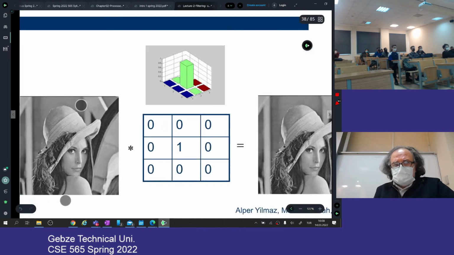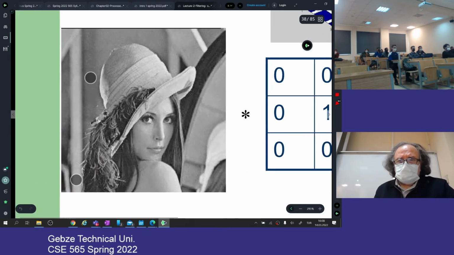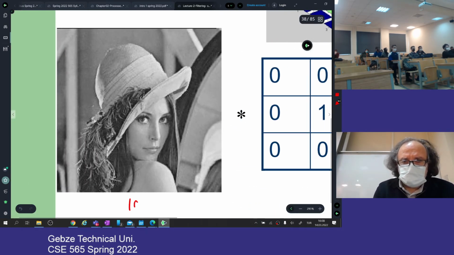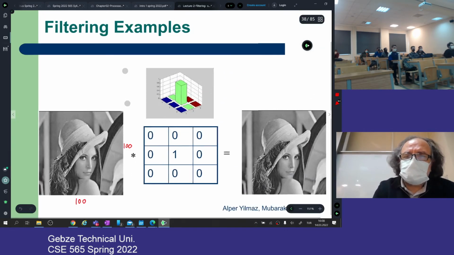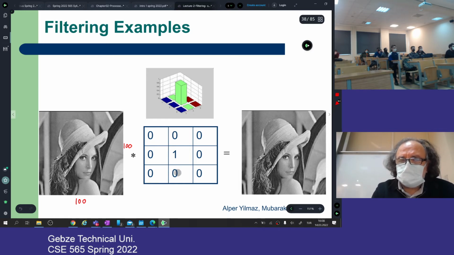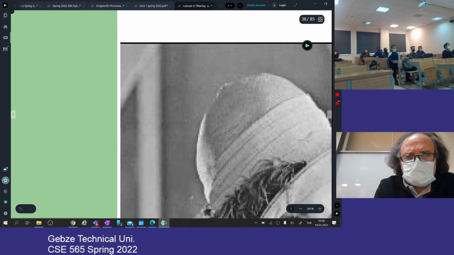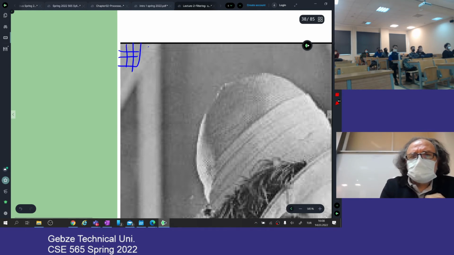Let's say this is my 100 by 100 image, and I'd like to apply this filter, 0, 0, 0, 0, 1, 0, 0, 0, 0, to this image. Start from this corner. These are my values.